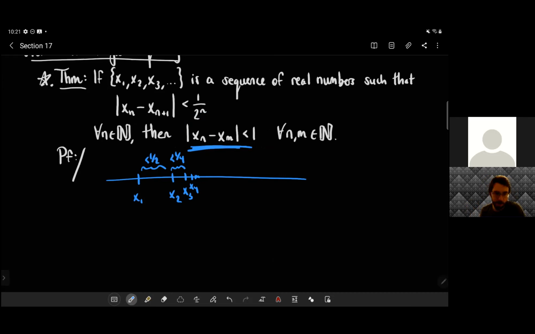And let's actually play around with this quantity. So I'll just write a sequence of equations down. Xn minus xm. All right, let's start by saying we want n and m to be natural numbers. So let n and m be natural numbers.